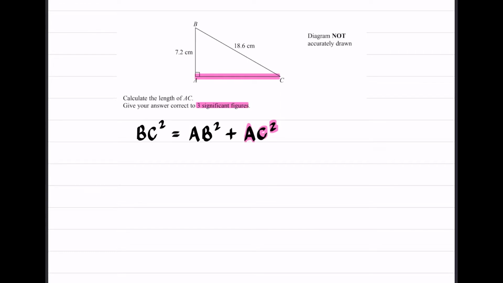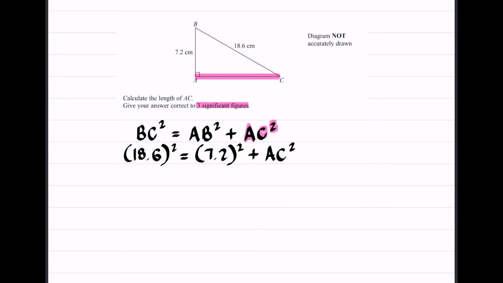Alright, so now I'm just going to do my substitution. So BC's value is 18.6.